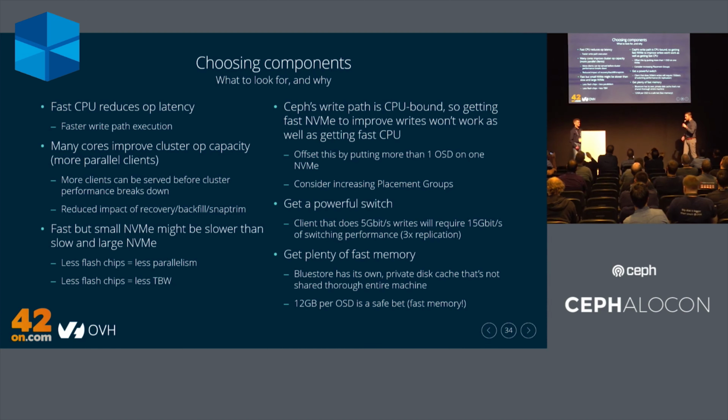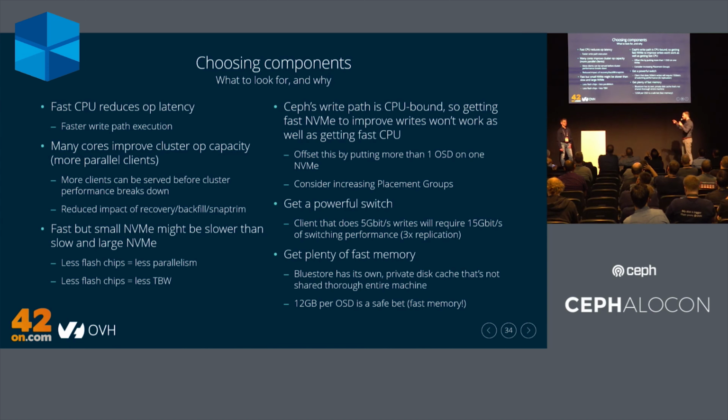A few things you could look into: one of the things which is not very well known is increasing placement groups. I'm not going to go into it, but you could Google for PG contention, and I think Nick Fisk has a good talk about this. You might want to scale out the number of PGs so that you get more threads inside the OSDs, and that way you are able to fully utilize your NVMe, but you will still be CPU bound.